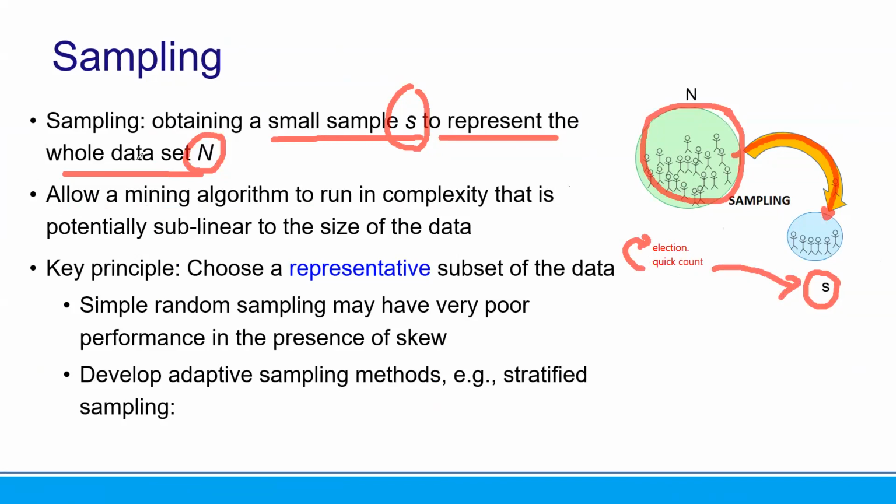So we need to use this sampling because we can allow a mining algorithm to run in complexity that is potentially sublinear to the size of the data. So when we do sampling, of course, we will have faster computation rather than the complex computation.